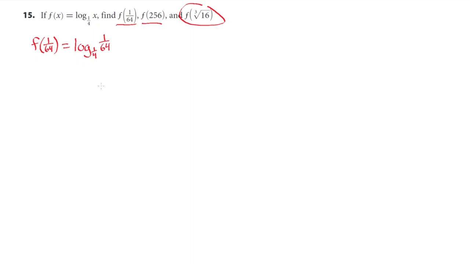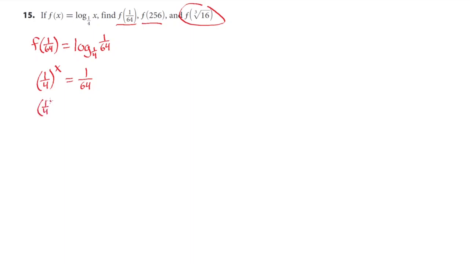All right, so that is how we'd write that in logarithmic form. And what I want to know is, how many 1/4 do I need to multiply to get me 1/64? So that's going to be 1/4, in parentheses because it's a fraction, to the power of x equals 1 over 64. So what I'd like to do is change 1 over 64 into 1/4 to some exponent. Luckily, this one's already a fraction, so that saves me some trouble.